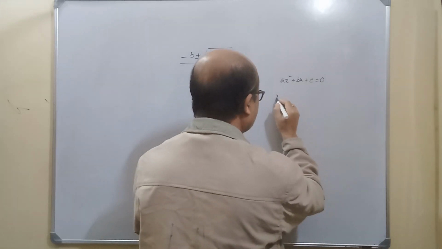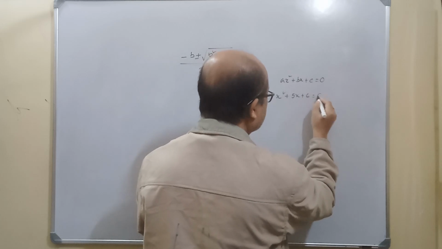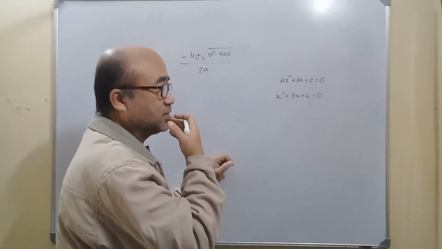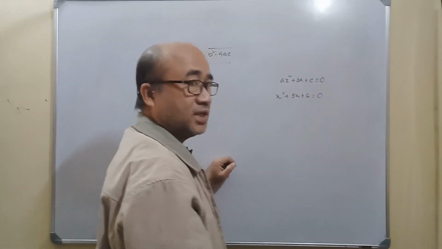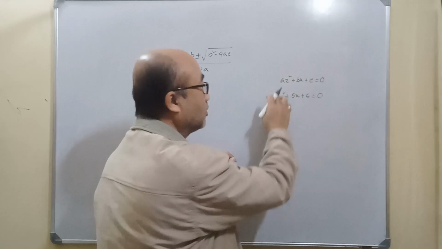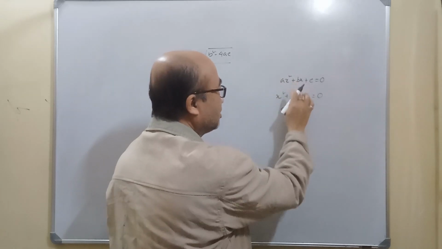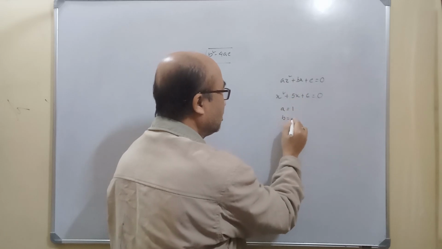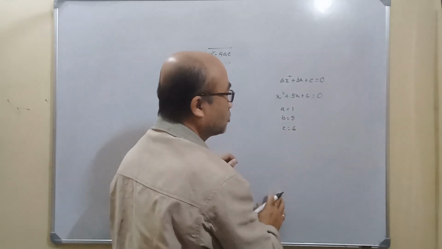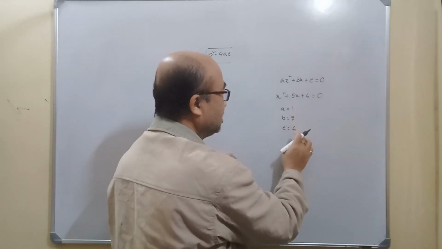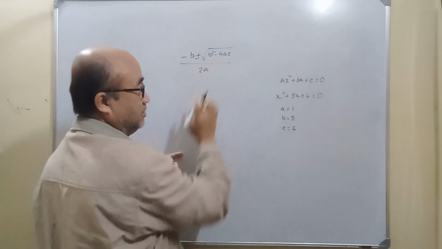Suppose there is a quadratic equation that looks like this. It is in the standard form. So what is A here? Compare. A is equal to 1. What is B here? It is 5. What is C here? It is 6. So we get the values of A, B and C.